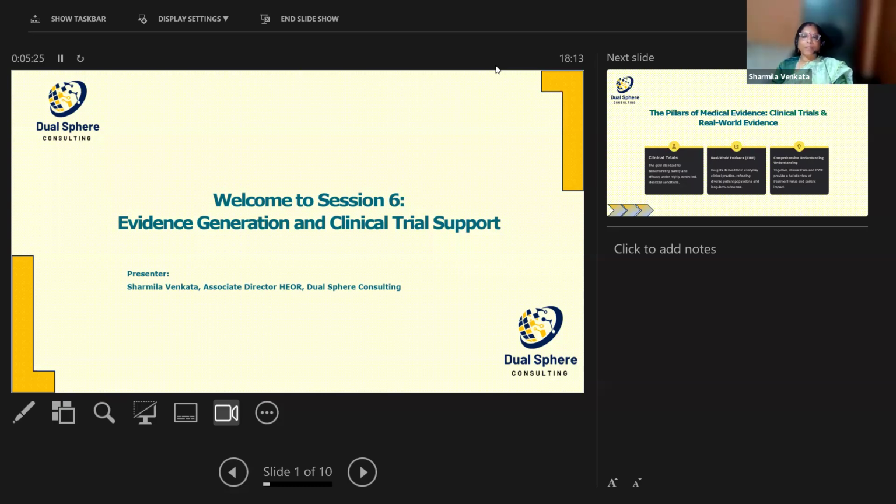And that brings us directly to today's session, where we will explore how these principles come together in evidence generation and clinical trial support. So, with that refresher in mind, let's move into today's session 6.